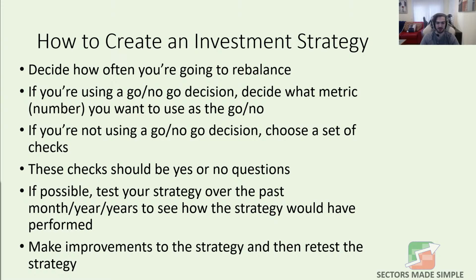It may be, is it sunny outside? If I'm trying to decide if I should go for a hike. Is it sunny outside? Yes or no. Have I already worked out today? Yes or no. Am I in the mood to go for a hike? Yes or no. Is the trail muddy? Yes or no. All of these are yes or no questions that if yes, then I go for a hike.